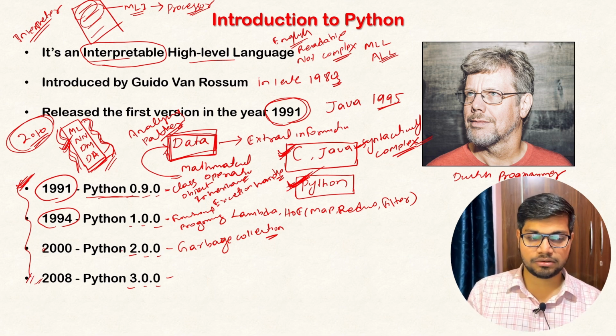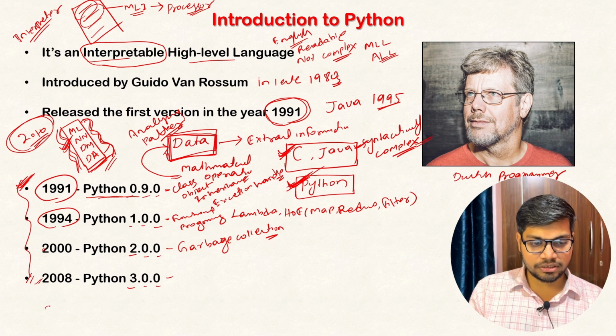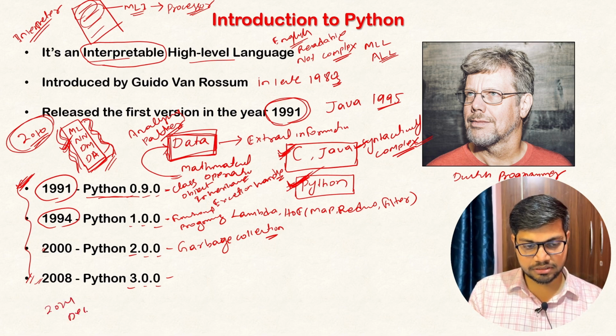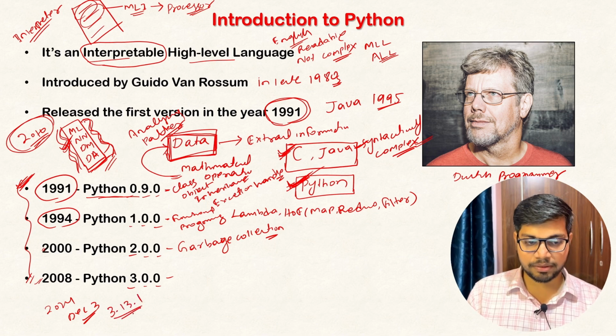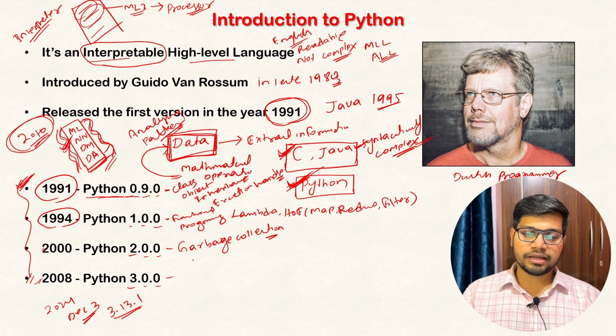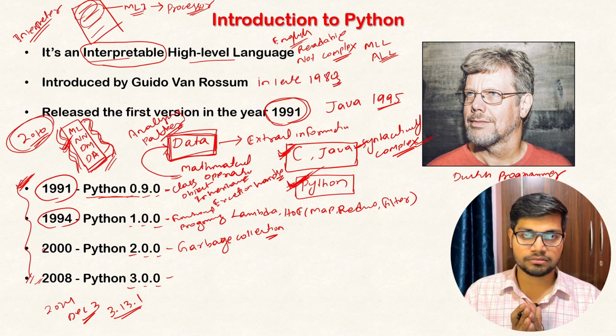Recently they released a version in December 2024, 3.13.1 if I am not wrong. So they continuously develop Python for more efficiency and more readability.